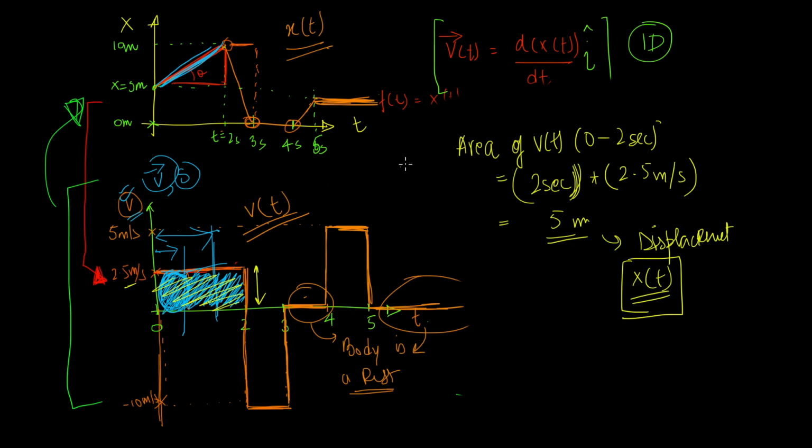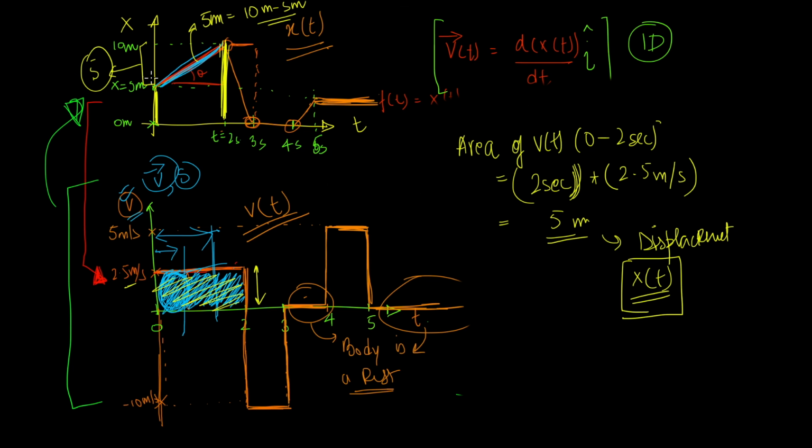If you go back to the x versus t graph here, you see the body was originally at 5 meters. And finally, at 2 seconds, the body was at 10 meters. So the motion happened over a displacement of 5 meters. And I get that 5 from subtracting 5 meters from 10 meters. That is to say, I subtract this height from this height right there, and I get this height, and that itself is 5.